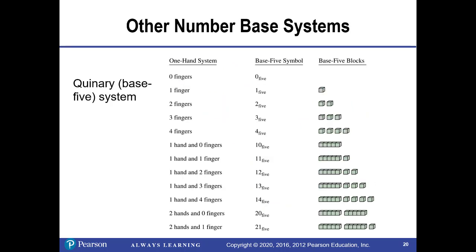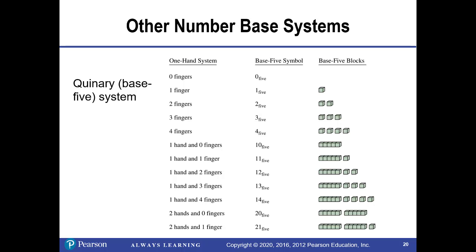One system that is commonly used at times in elementary math is the base 5 system. Your book uses the phrase quinary for it, and your book is the one place that I have ever seen this used. So take that for what you will. There are base 5 blocks out there, allegedly. I think base 5 blocks tend to be a relic of the 70s.